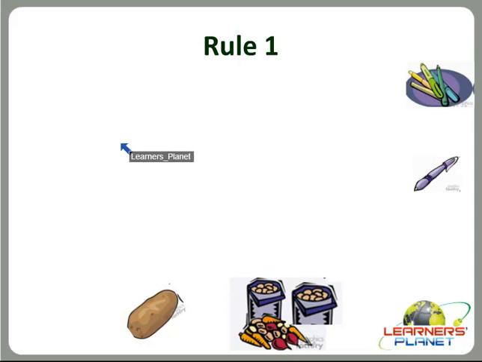Let's see the example. My brother takes 5 pens to his school, but I bring only 1 pen to the class. So, 1 pen is singular pen. Pen is a naming word, noun. It is 1, so it is singular.